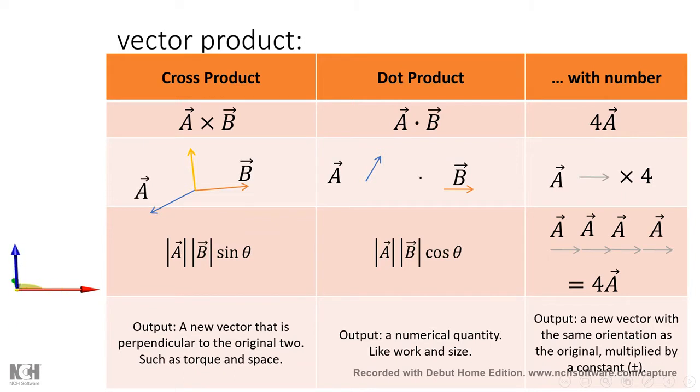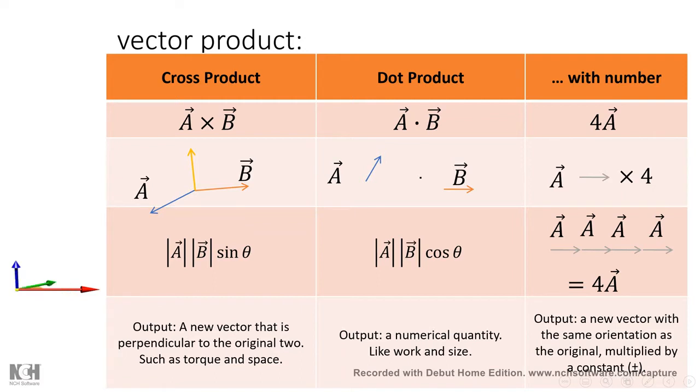This one is the cross product, which is A cross B. If this is A and this is B, the resultant is also a vector, and this vector is perpendicular to both B and A.